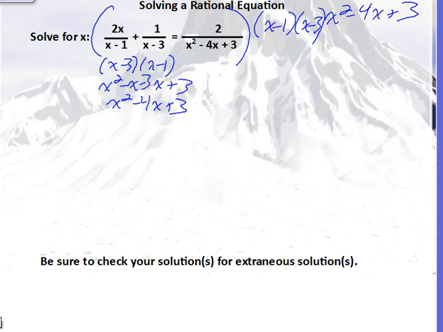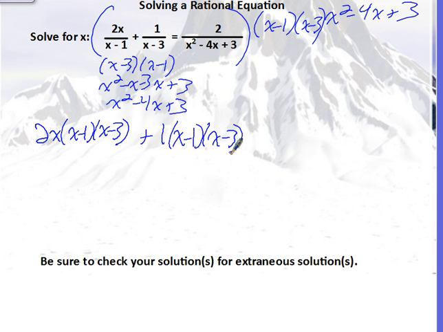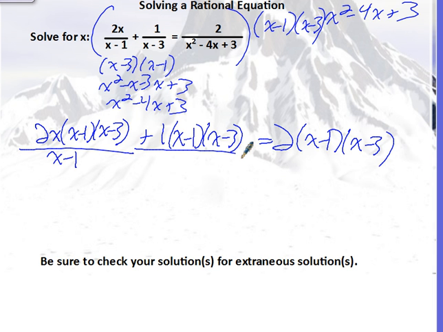You guys don't have to do this every time, but I'm doing it. So 2x times x minus 1, x minus 3, plus 1 times x minus 1, x minus 3, equals 2 times x minus 1, x minus 3, all over x minus 1, over x minus 3, over x squared minus 4x plus 3, which is really the same thing as x minus 1, x minus 3.